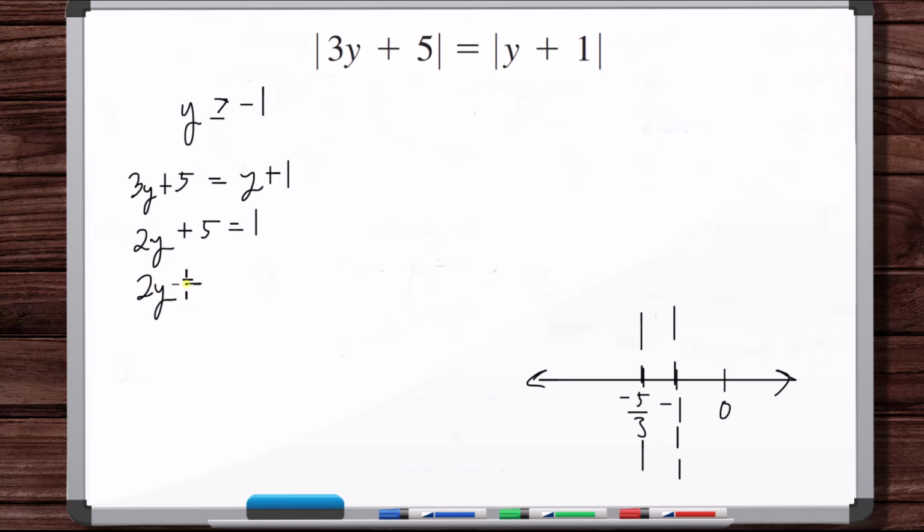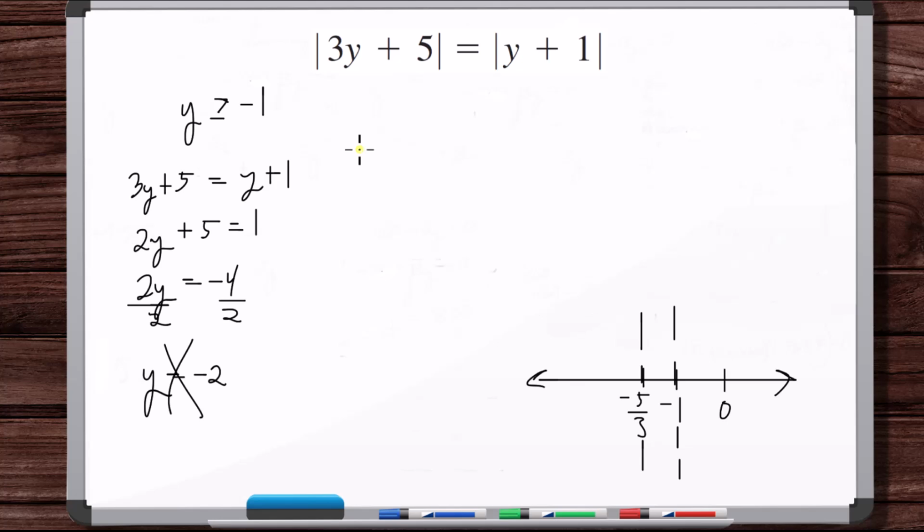Subtract 5 from both sides. Okay, so is -2 greater than or equal to -1? Well, no, it's not. That's fine, and cross this out. But you don't want to say, okay, well, I don't need to analyze this region because it's the same thing as what we did here.